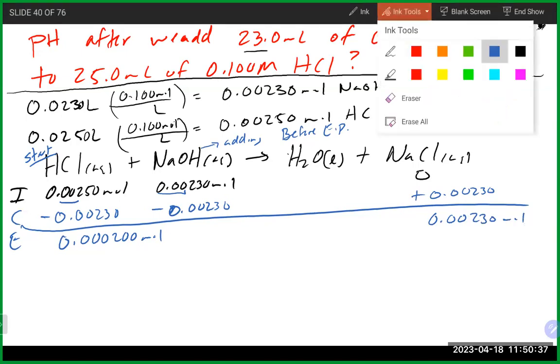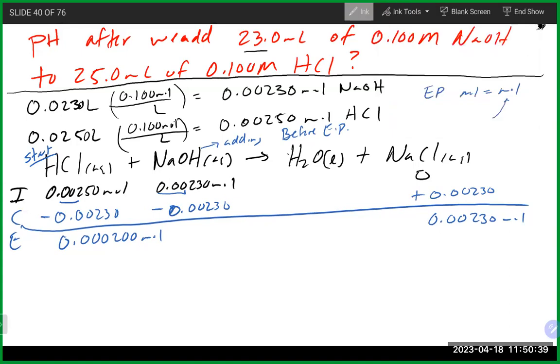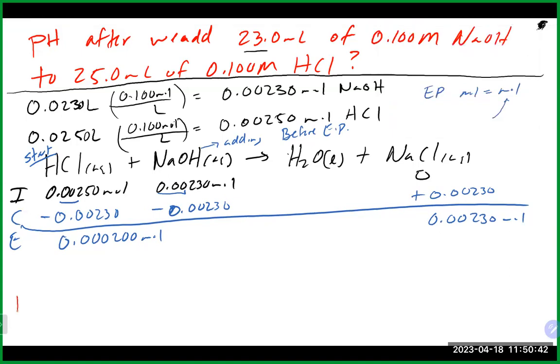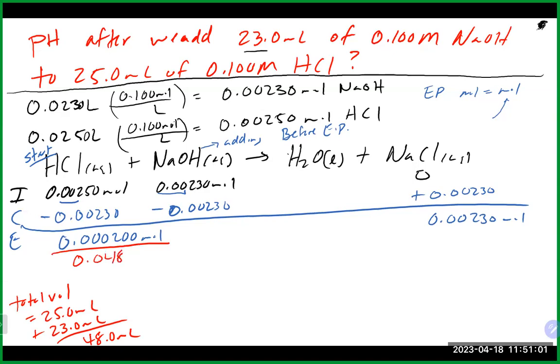It's really good practice here. So our total volume at this point is, we started with 25 milliliters. We added 23 milliliters. That's 48 milliliters. So we're going to divide each of these by 0.048 liters, which technically converts us back into molarity.